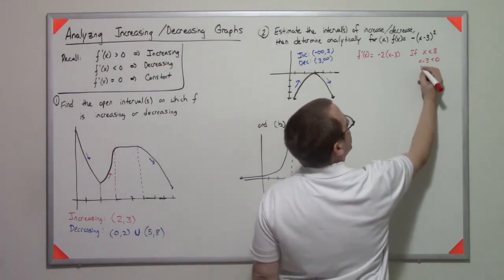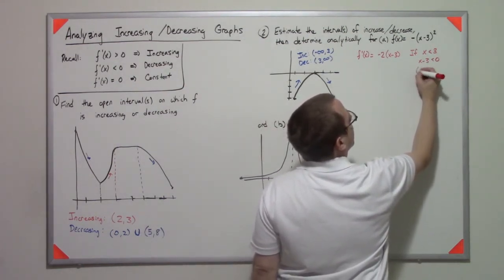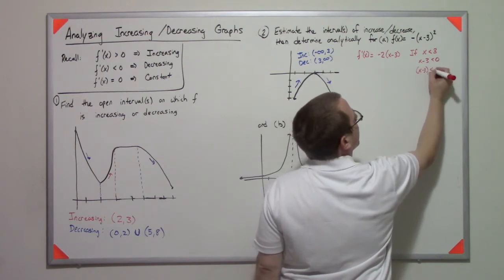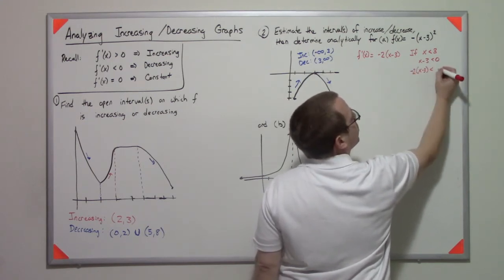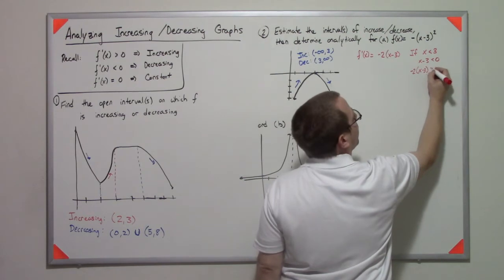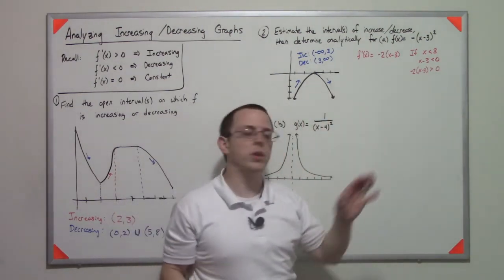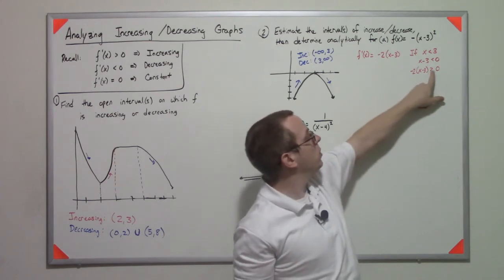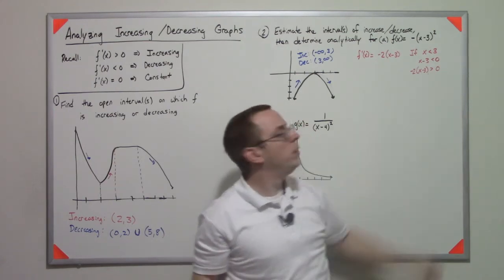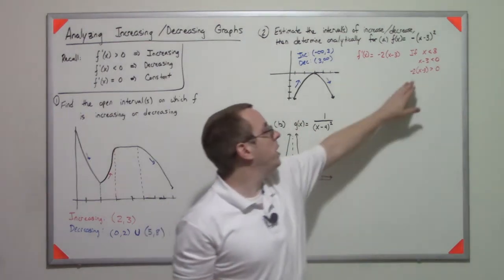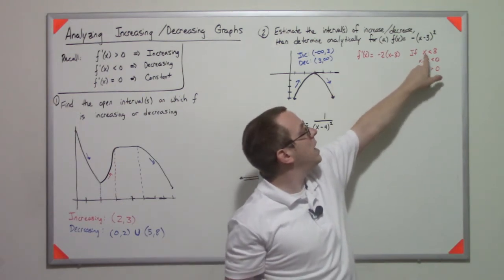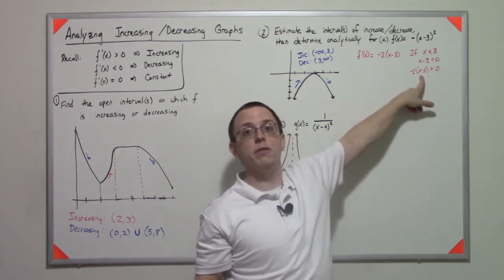So that tells me that if I multiply by a negative value, I actually have to swap. Remember how inequalities work? If I multiply by a negative value, I have to swap. So that tells me that if x is less than 3, the derivative is positive.